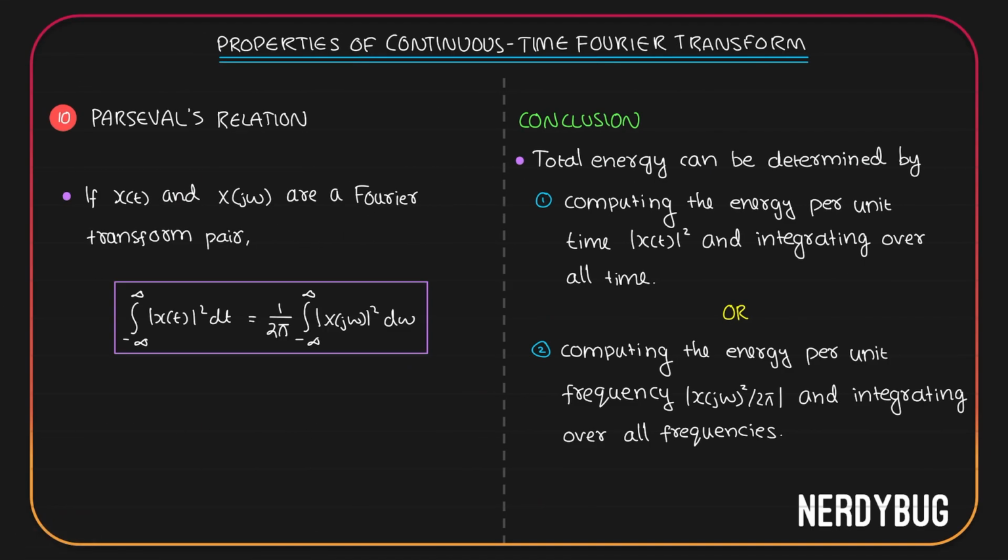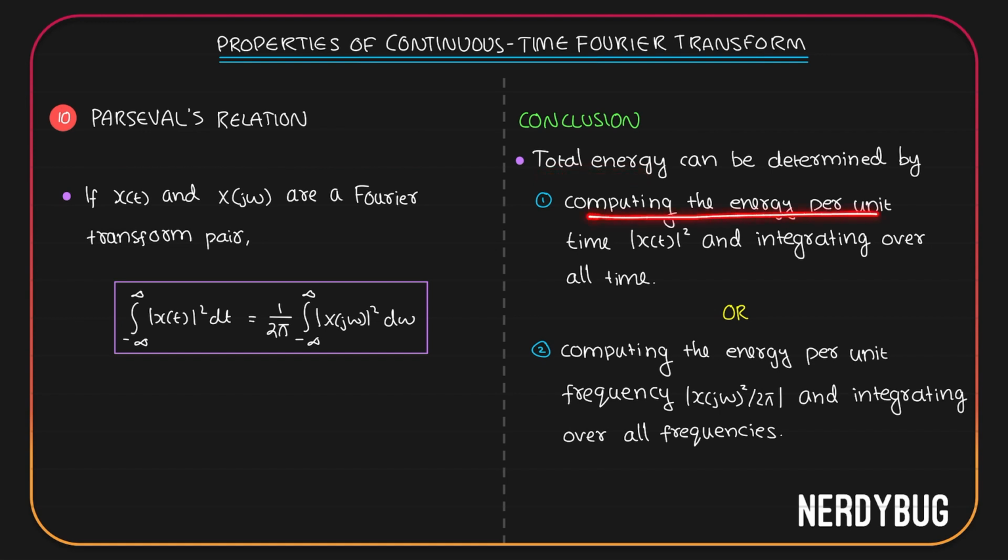Now let us understand what it means. What we have on the left hand side is the integral from minus infinity to infinity of |x(t)|² dt, which is nothing but the energy of a signal x(t). This is by definition the energy of a signal x(t). So what this relation means is that the total energy of a signal can be determined in two ways.